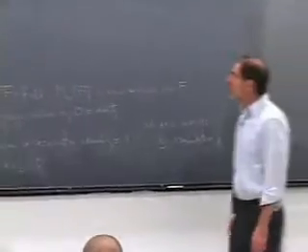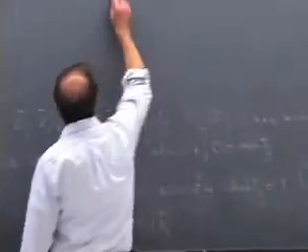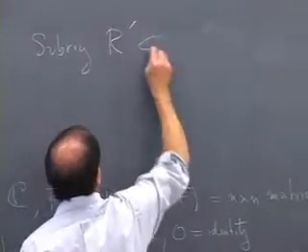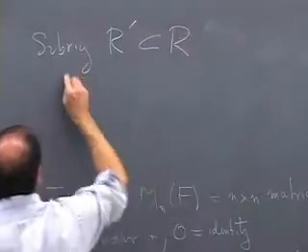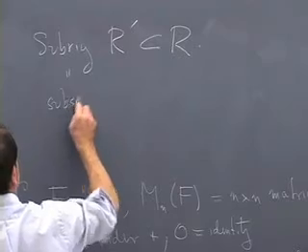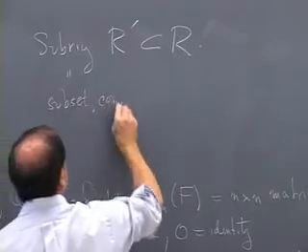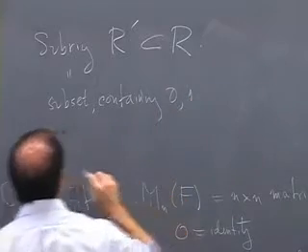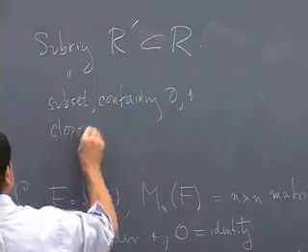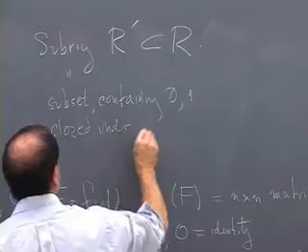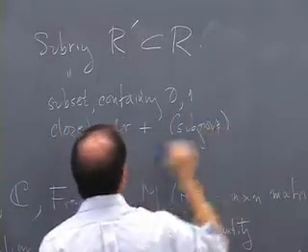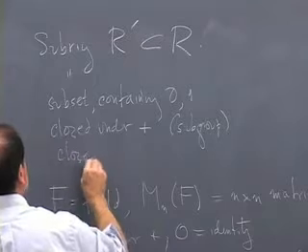So you could imagine what a subring of a ring is. Would be a subset containing the key elements 0 and 1, closed under addition, and should form a subgroup, and it should be closed under multiplication.